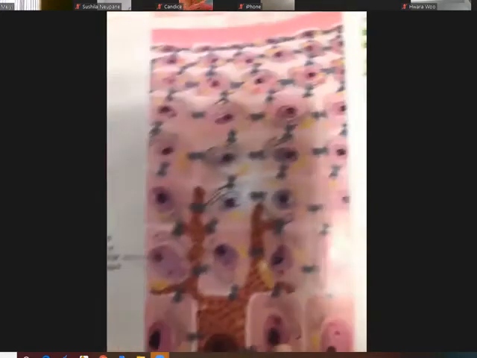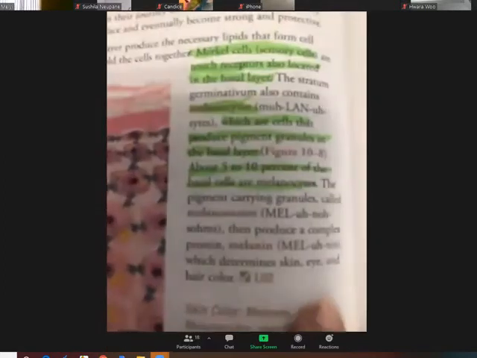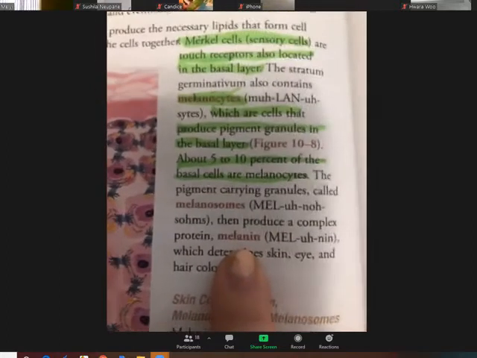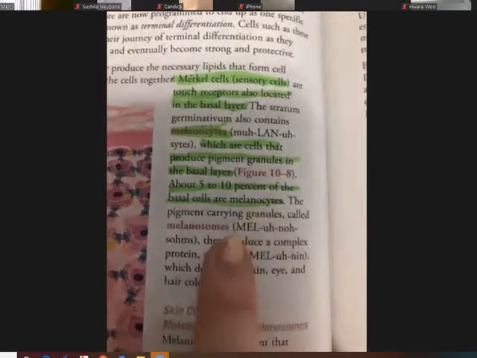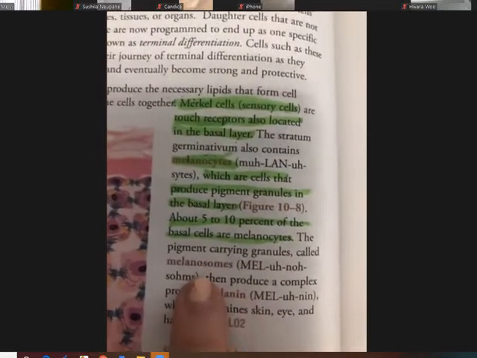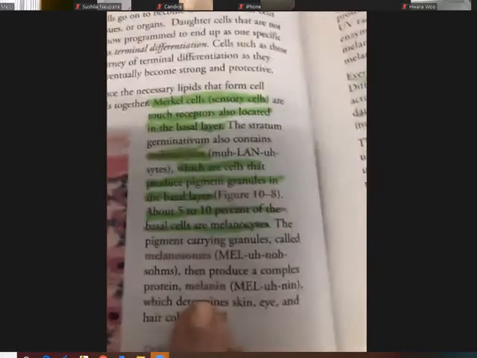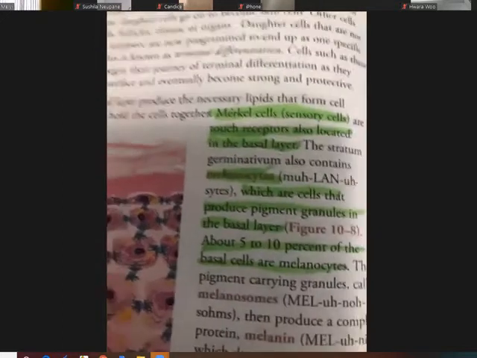Okay, so the cell is called melanocytes, and it contains melanosomes, which produce melanin. The melanocyte contains melanosomes that produce melanin, do you understand?